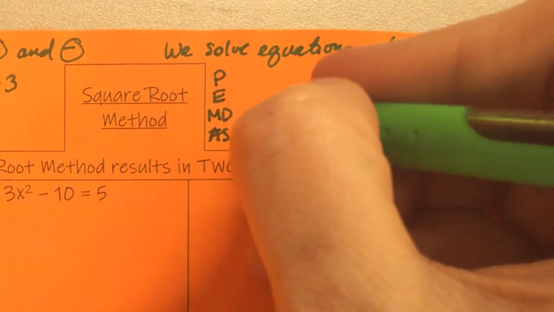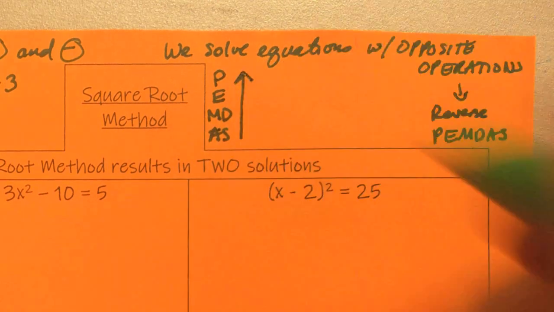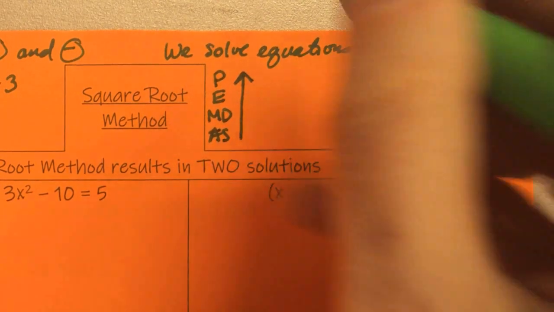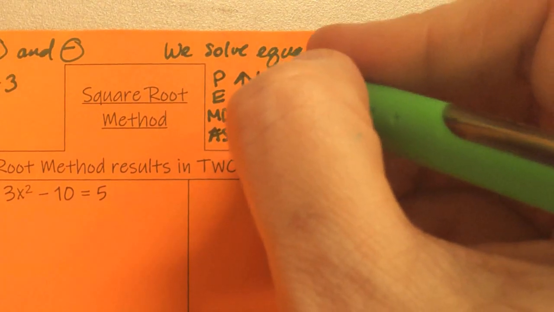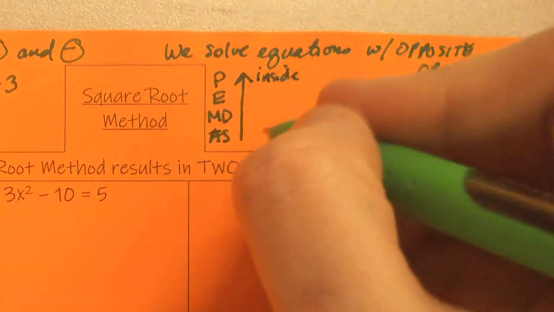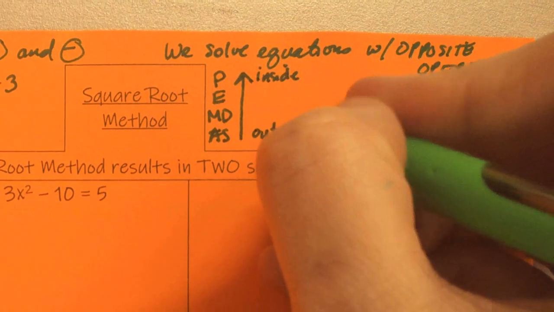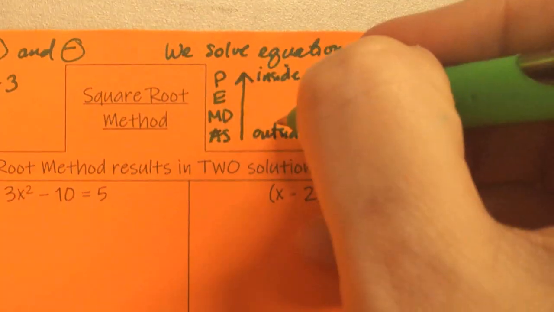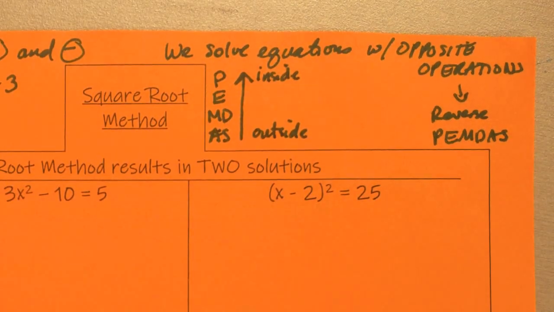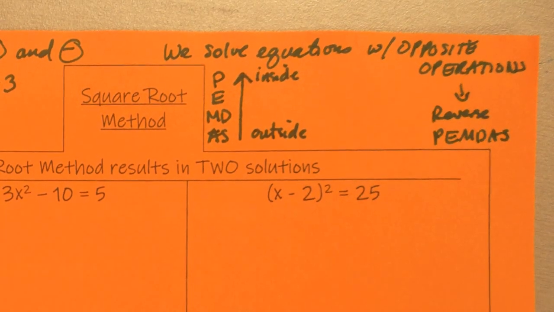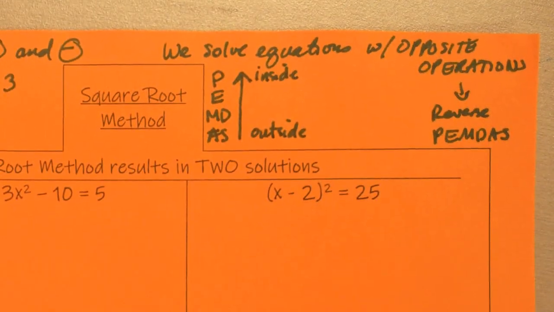But we're going to work from bottom to top. Normally with PEMDAS, we start on the inside and work outside. Now we're going to work from the outside in. And this is actually how we solve every equation.